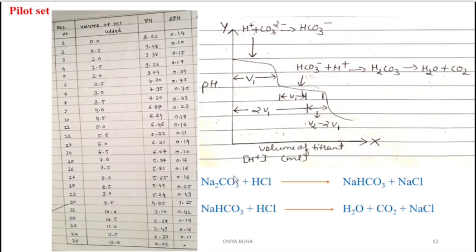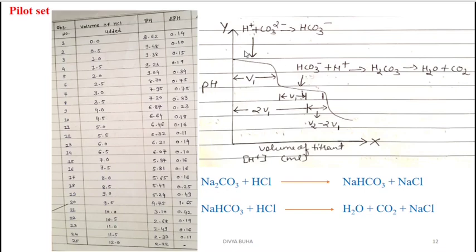H plus ions will react with CO3 2 minus, and it would get converted into HCO3 minus, that is NaHCO3, plus NaCl. So you can see that over here Na2CO3 has been neutralized to NaHCO3. So we can say that half neutralization of Na2CO3 is taking place, because it is not getting converted into H2O and CO2 directly.